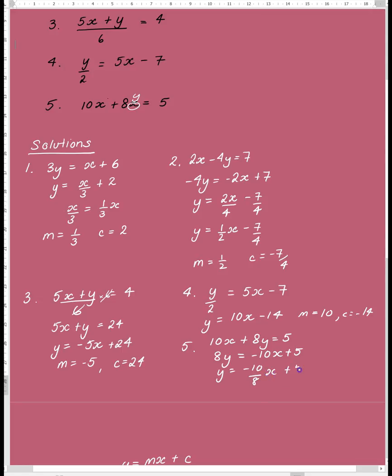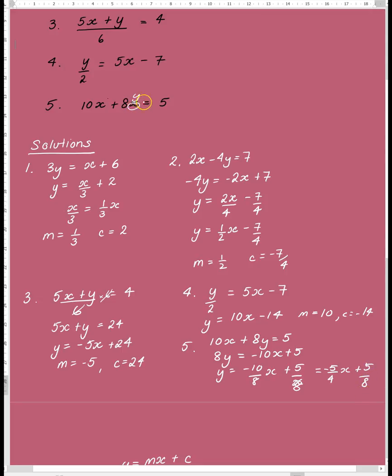And you just need to make sure now that you cancel this down. So that will be y equals, what's a number that goes into minus 10 and 8? 2, so that will be minus 5 over 4x plus 5 over 8. So we've got a slope of minus 5 on 4 and a y-intercept of 5/8.